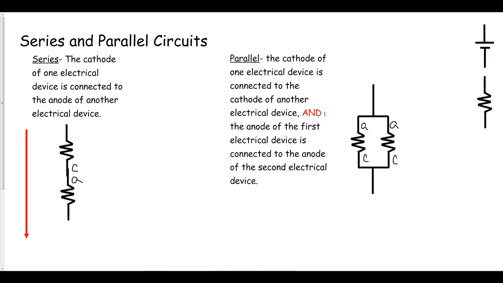Now those are basic circuits, but I want to look at one more thing, and that is what happens if we have circuits that are not basic. What happens if we have circuits that look like, let's leave this, let's move this back. Let's say that I have this kind of circuit.